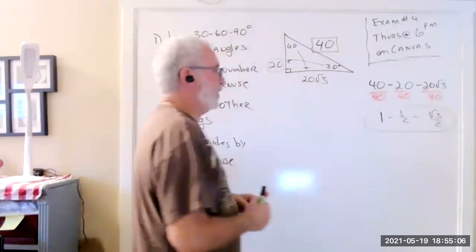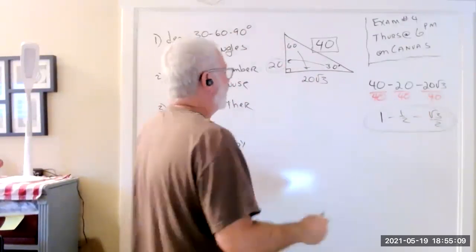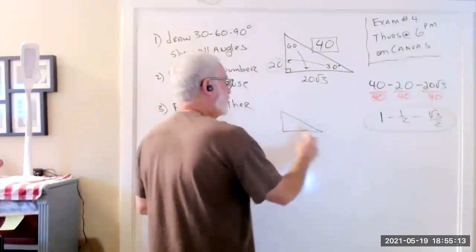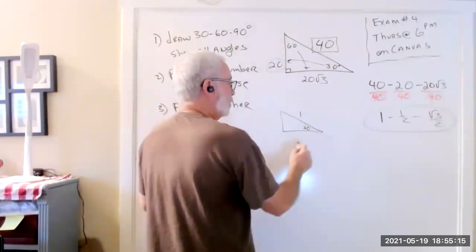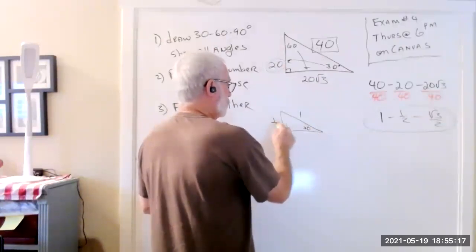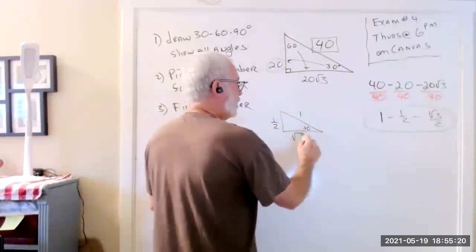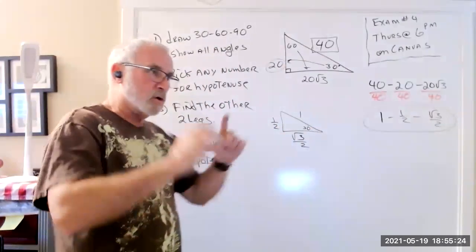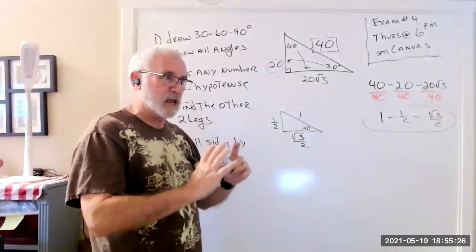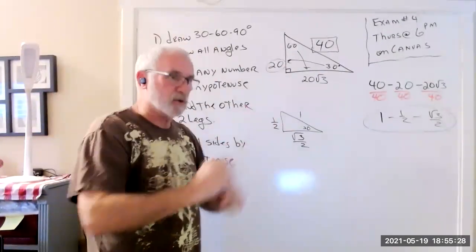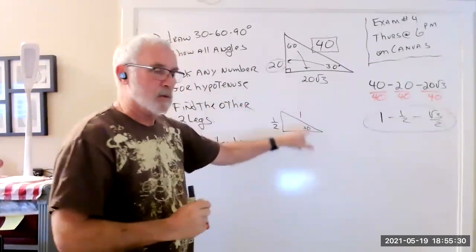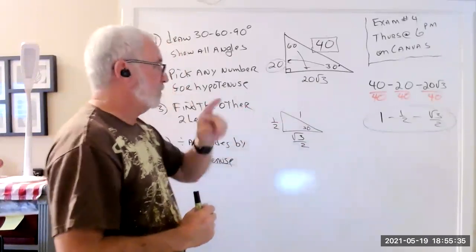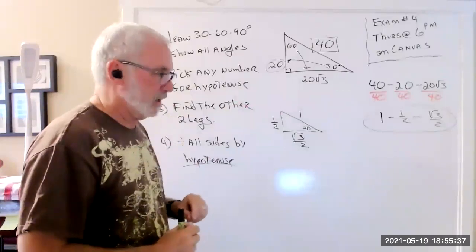What that means from a mathematical point of view is that all 30, 60, 90 triangles are in the same proportion. They're all shaped exactly the same. Some are bigger, some are smaller, but they're all in the same proportion. Hang on, we'll come back to that in a minute.